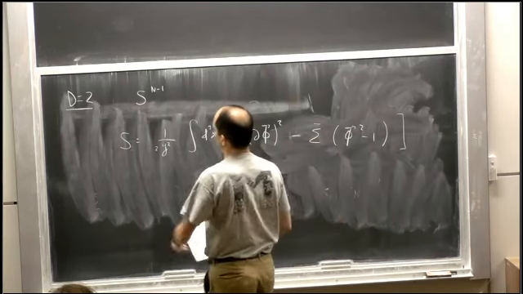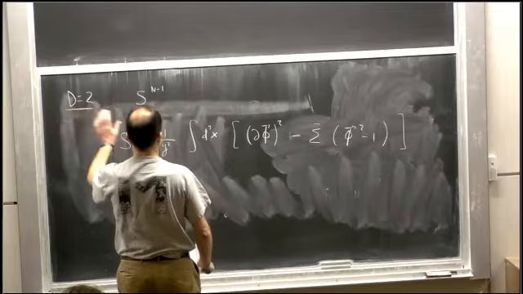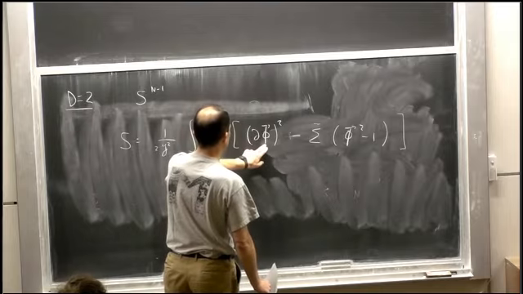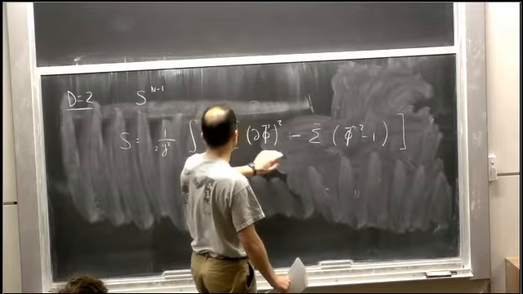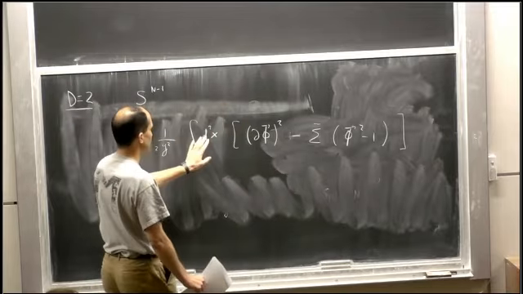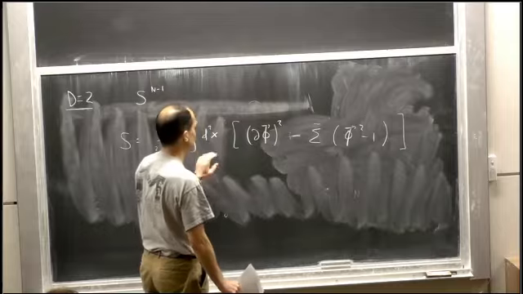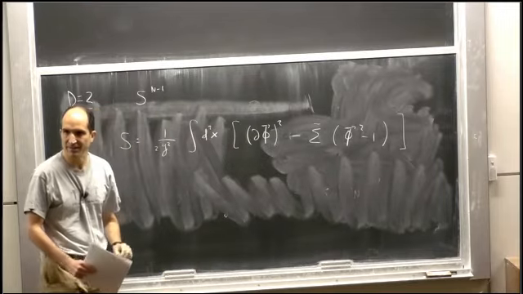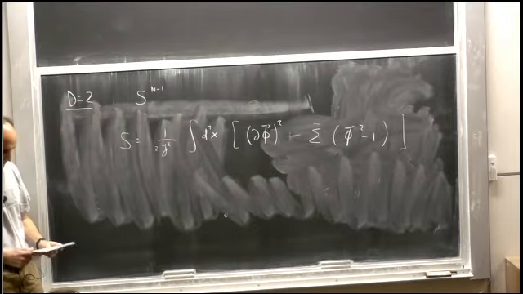Now we are in 2 dimensions, and in 2 dimensions the field phi is dimensionless, and therefore this action is classically scale invariant and conformal invariant, so g has no dimensions. Okay, so that's the theory classically.